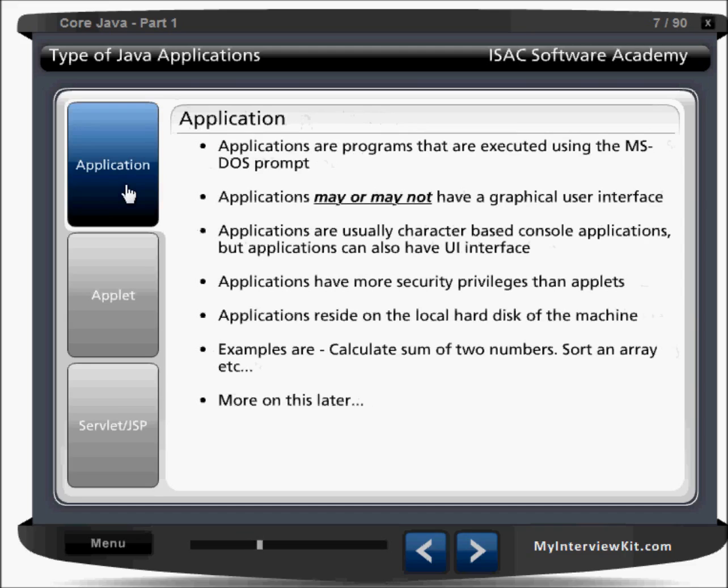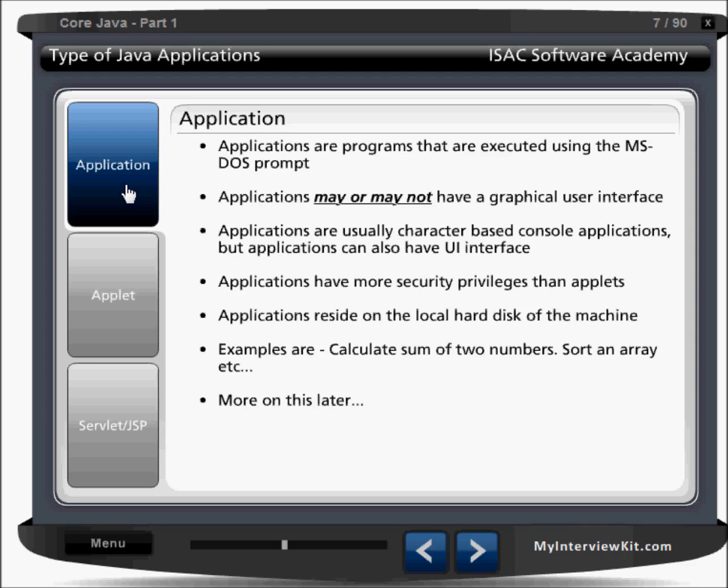So, application. Applications are programs that are executed using the MS-DOS prompt, as I explained to you. It could be CUI or GUI. You can make a program like adding two numbers.